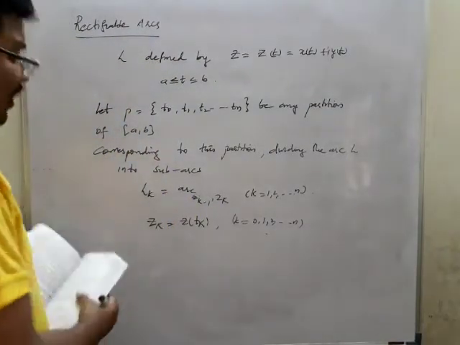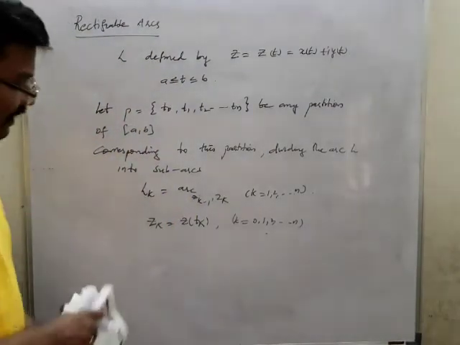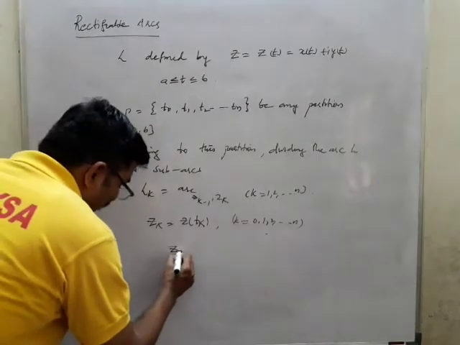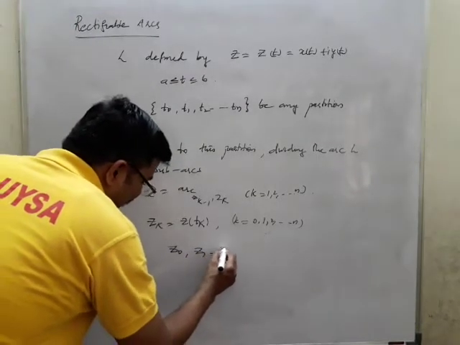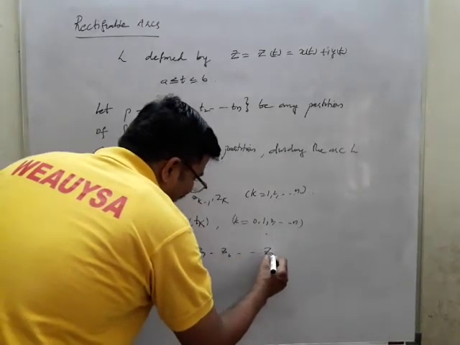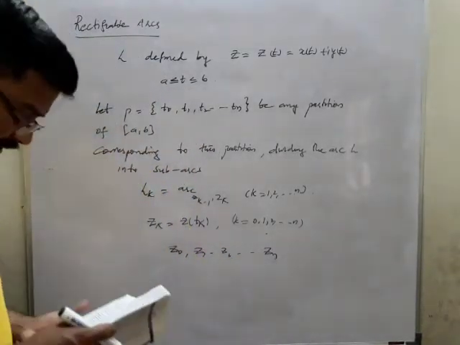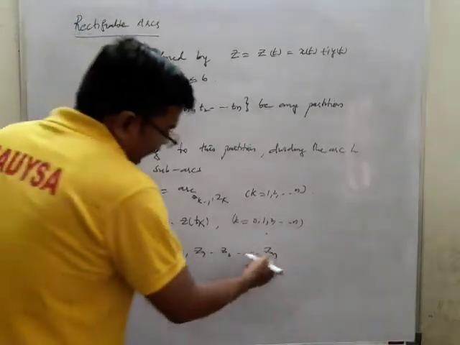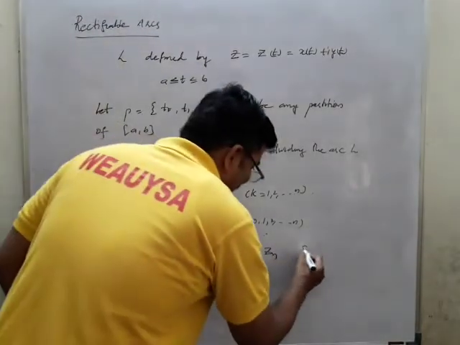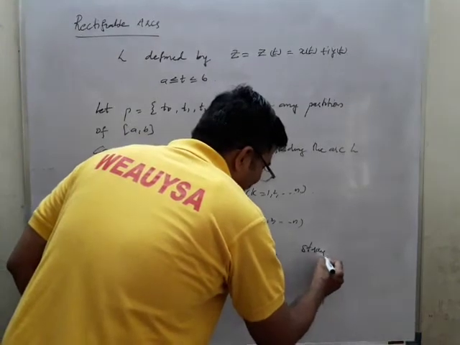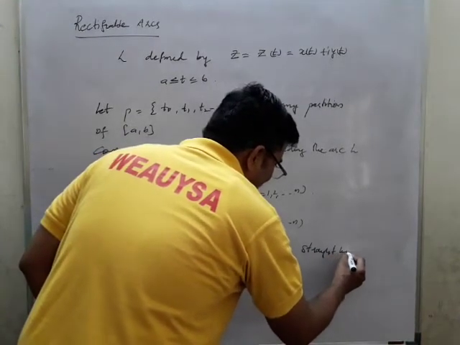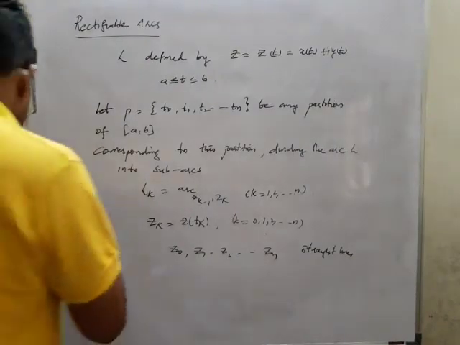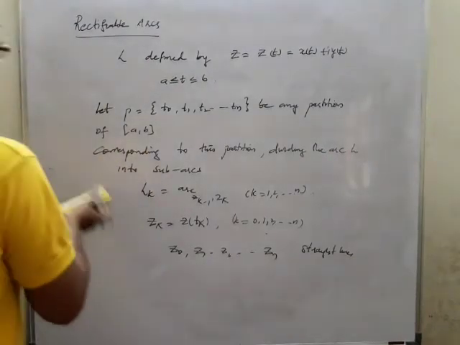So joining these points Z0, Z1, Z2, and so on up to Zn, we'll get straight lines. We join all these lines so that we get straight lines, all of them forming a polygonal curve.